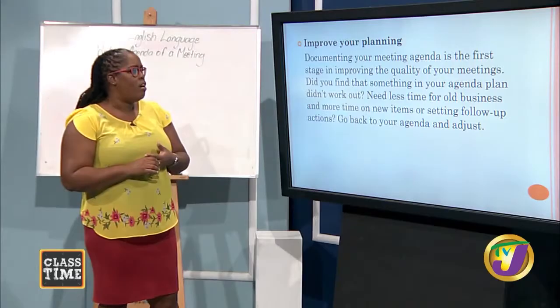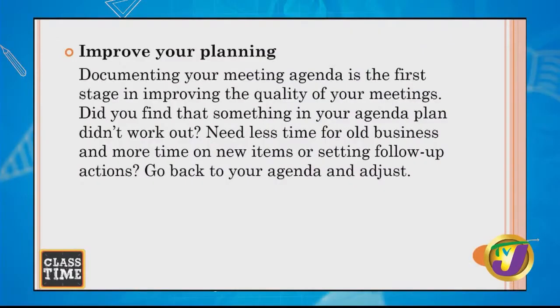Documenting your meeting agenda is the first stage in improving the quality of your meetings. Did you find that something in your agenda plan didn't work out? Need less time for old business and more time on new items or setting follow-up actions? Go back to your agenda and adjust, right?